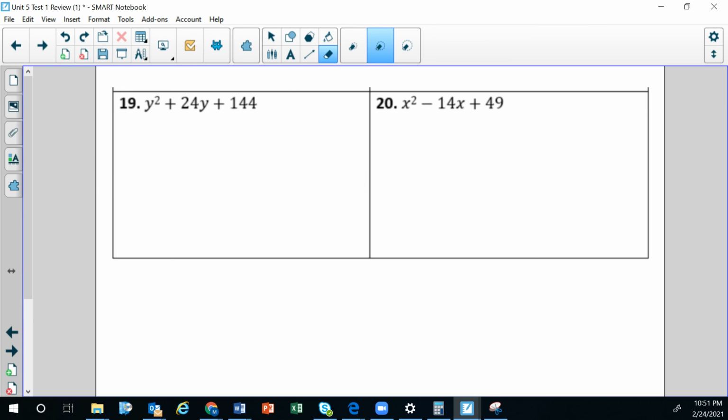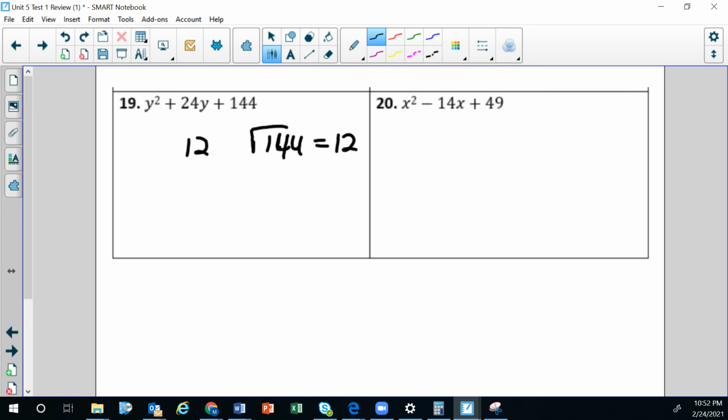Okay, the square root of 144 is 12. All right, now look at this. Look at the middle term, 24. If I divide 24 by 2, what do I get? 12, right? 12 and 12.